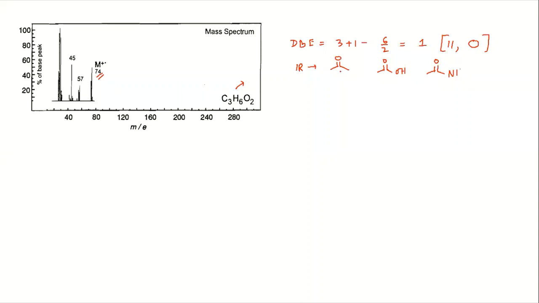From IR you are getting that you have a ketonic compound, or acid, or amide type. But since your molecular formula doesn't have any nitrogen, you can exclude the amide. You have either this or this.